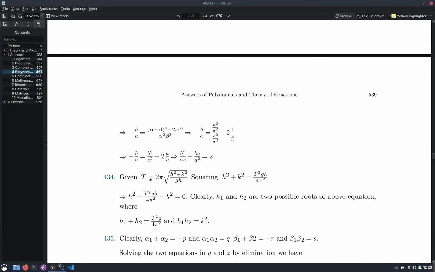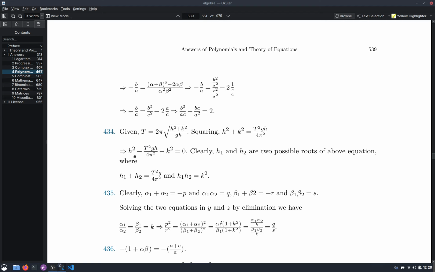So we are given this equation, t is equal to 2 pi into square root of h square plus k square by gh. We square, so this becomes t square, and gh is multiplied and divided by 4 pi square, which is equal to h square plus k square. Now we bring everything to one side and write a quadratic equation in h.